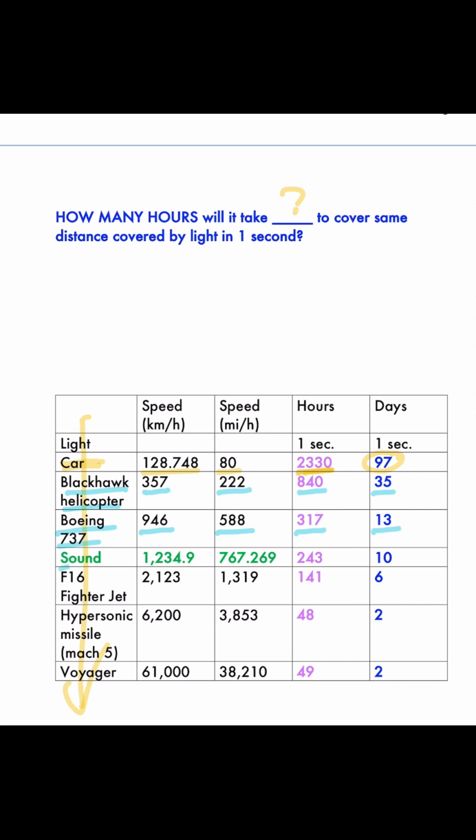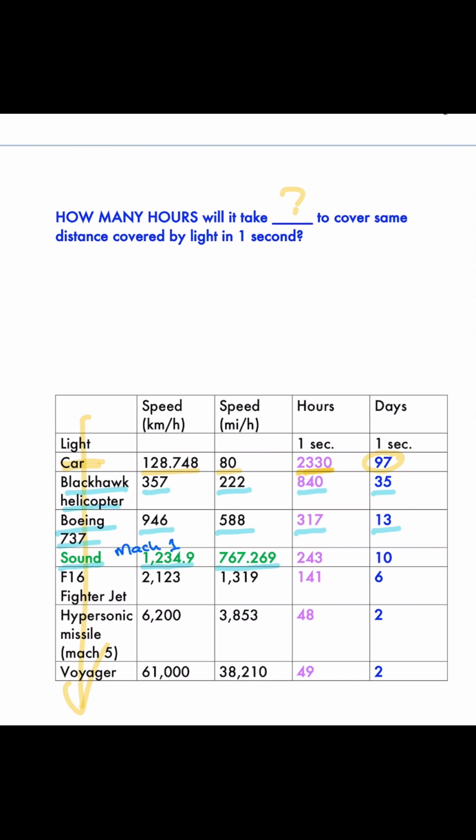What about sound? The speed of sound is 1,234.9 kilometers per hour, which is about 767 miles per hour. And that's basically what is referred to as Mach 1. You'll see fighter planes and missiles are measured in terms of Mach 1, Mach 2, Mach 3.